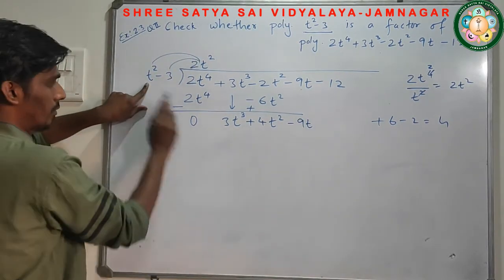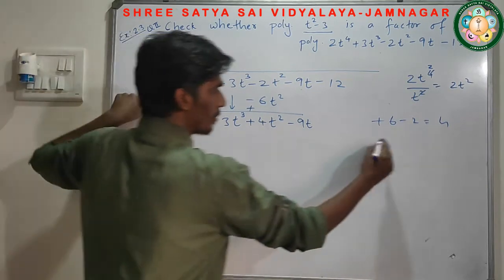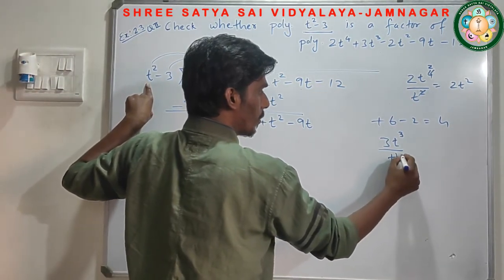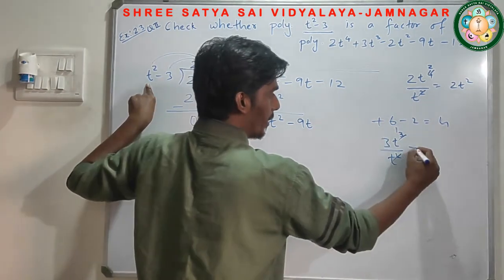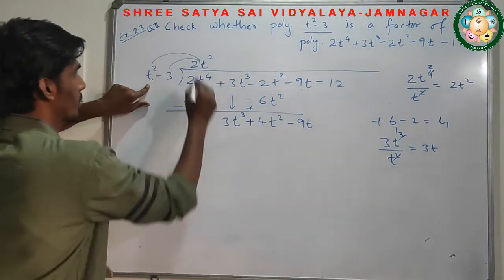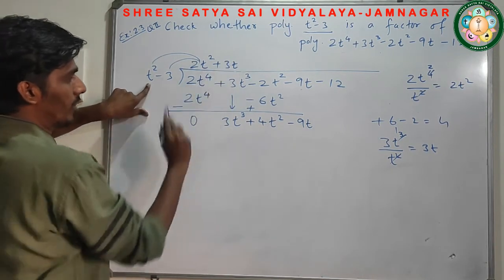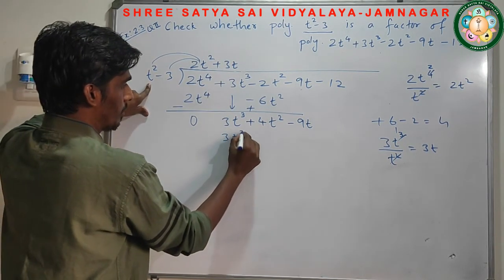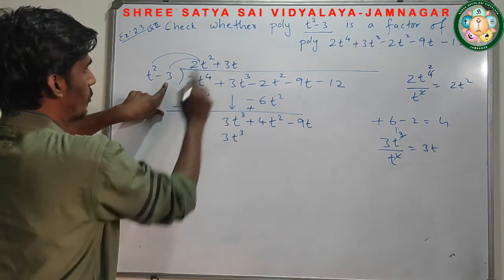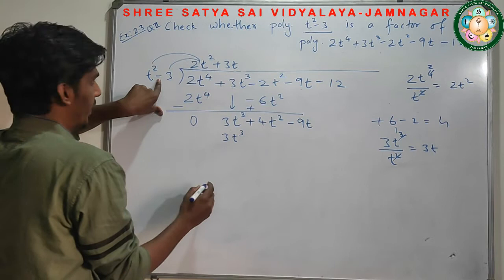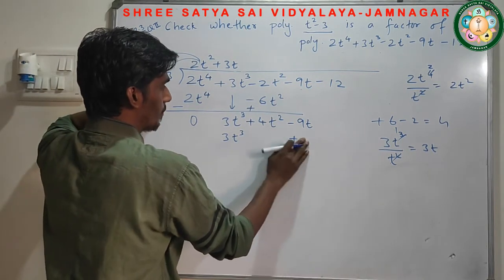Again, from t square I have to get 3t cube. So this one cancels, only t will remain. So you have plus 3t. T square into 3t is 3t cube. Now minus 3 into plus 3 is minus 9. So it's minus 9t.